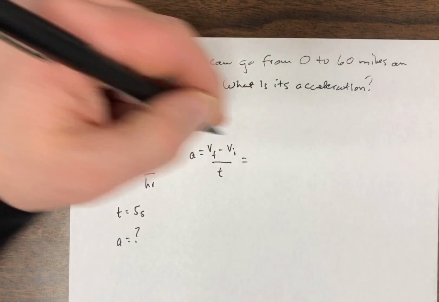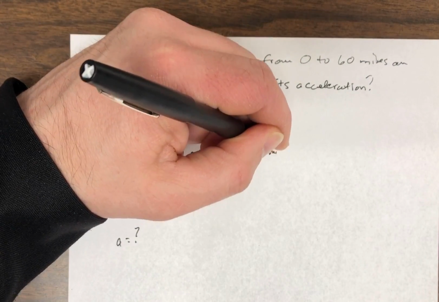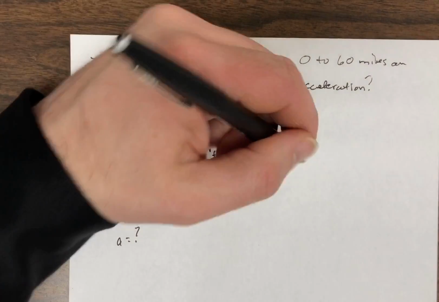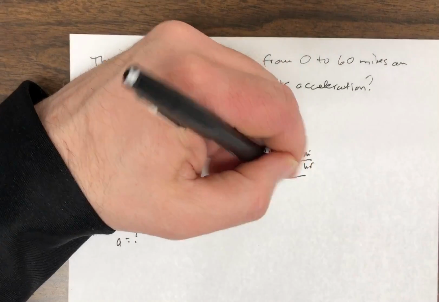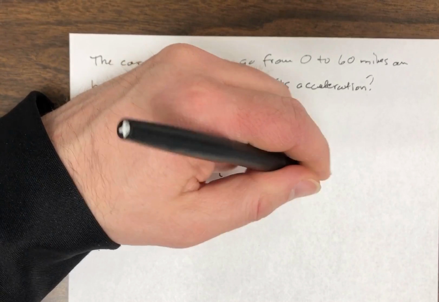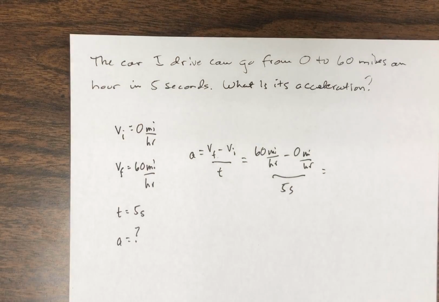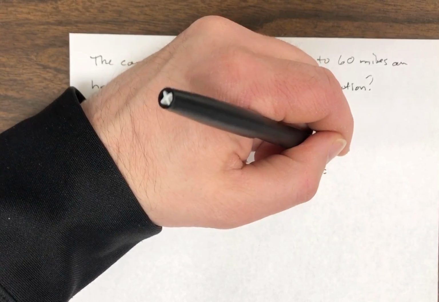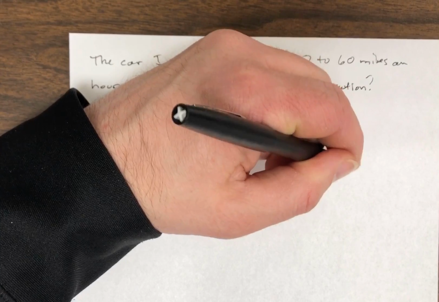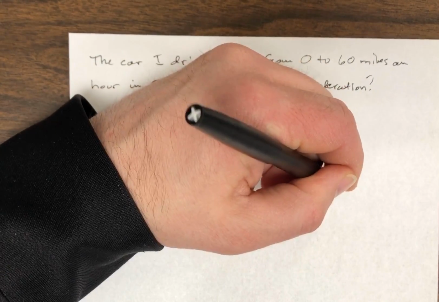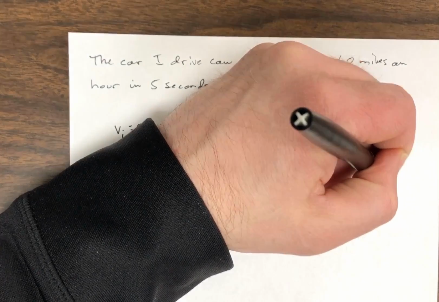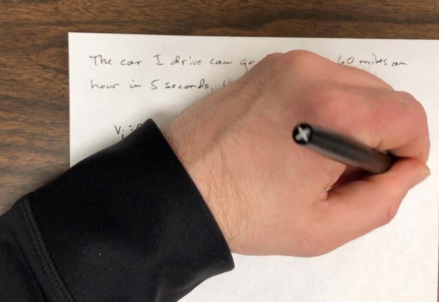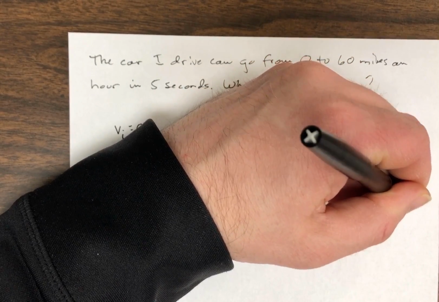So VF is 60, VI is 0, and the time is 5 seconds. So 60 minus 0, hopefully, is obviously 60 miles per hour divided by 5 seconds, and I get 12 miles per hour per second.